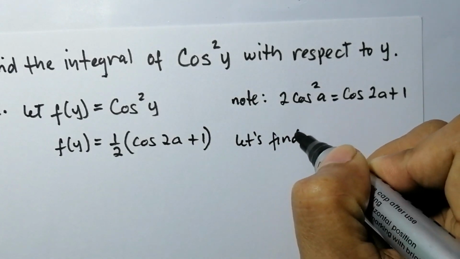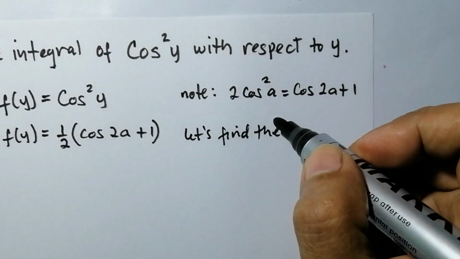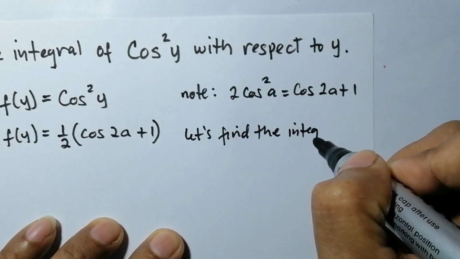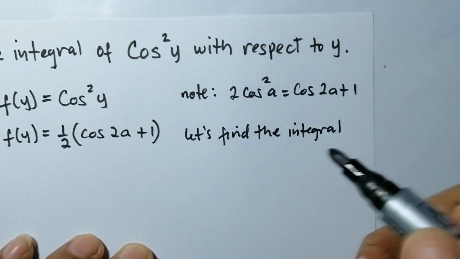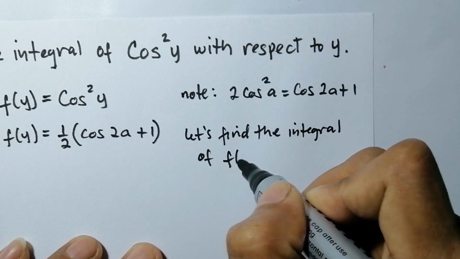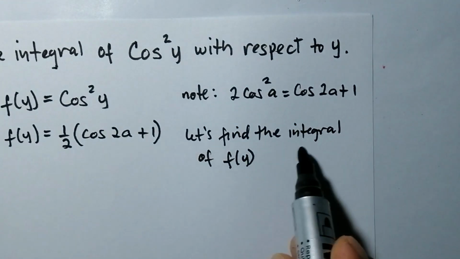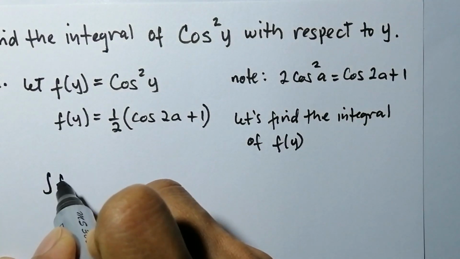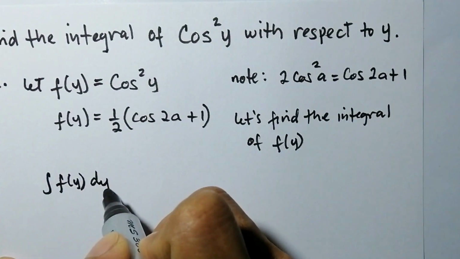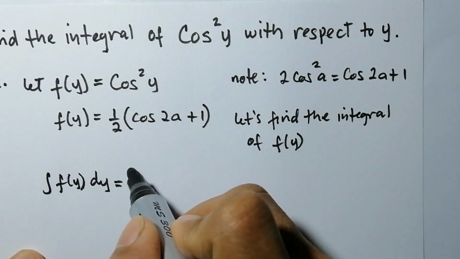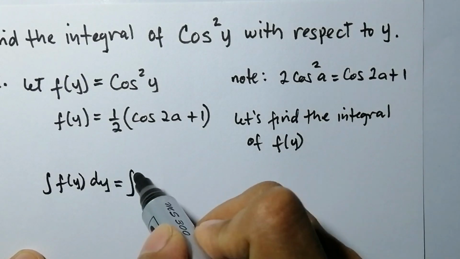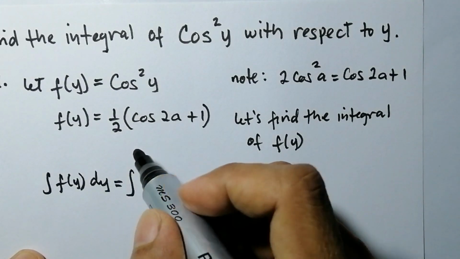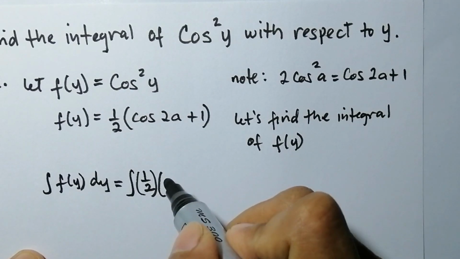Now, let's find the integral of f of y using integration by parts. We have to multiply 1/2 to each term inside the bracket.